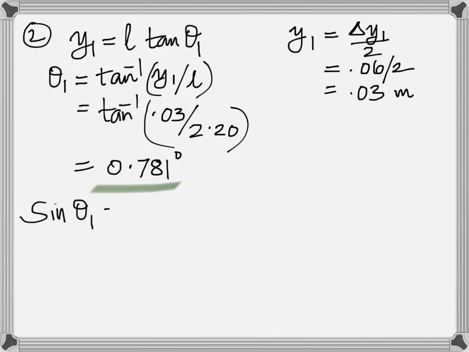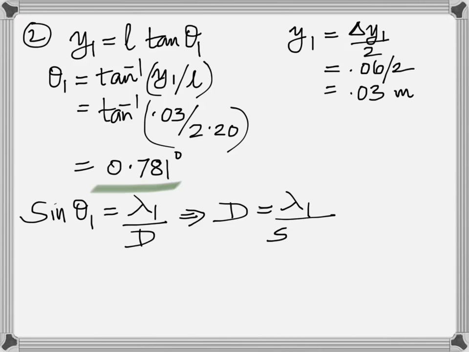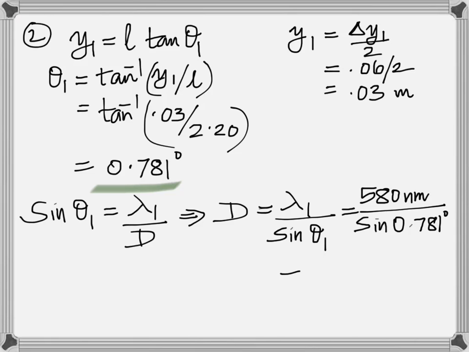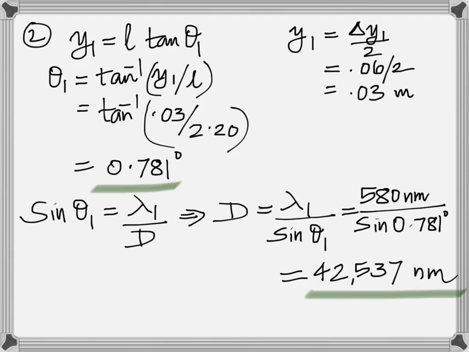So 0.781 degrees, and sine theta 1 is lambda by d. So we can use the first information to find the width of the slit, and then use it in the second case. So once you get d, you have to use that to find the width.